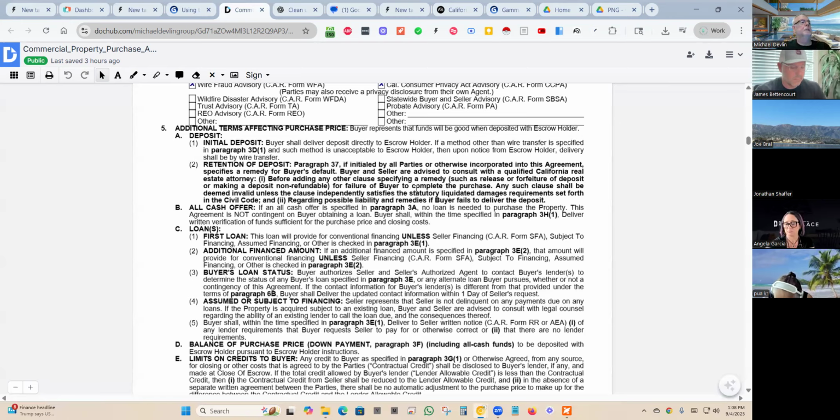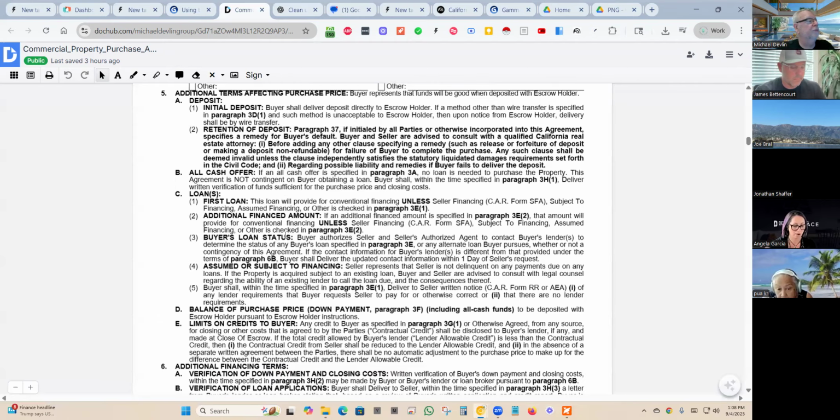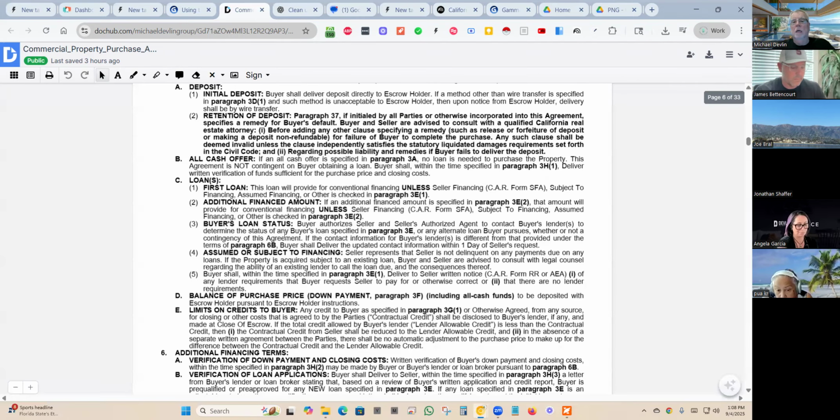So, all cash, first loans. A residential agent calls me up, says, I have a buyer interested in making an offer on it. It was a retail space in San Leandro. They're pre-approved. And they send me a Bank of America pre-approval letter.